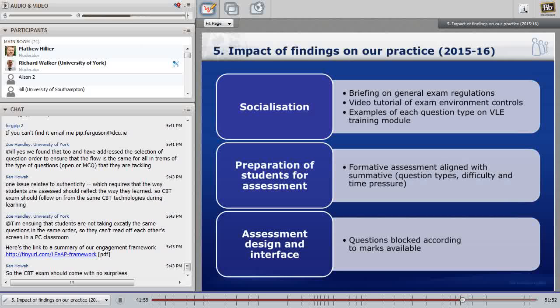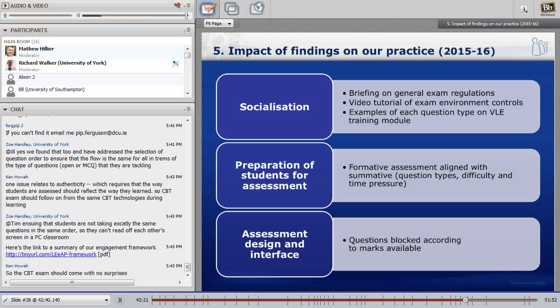We also make sure that they're familiar with the exam environment, give them some practice in their own time with the exam, and then a formative experience under exam conditions that will really give them the opportunity to develop their confidence and also their exam-taking strategy.